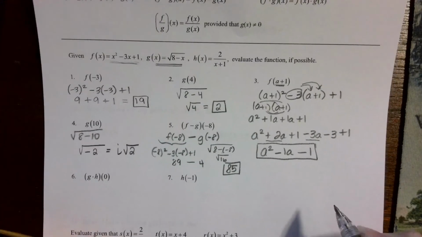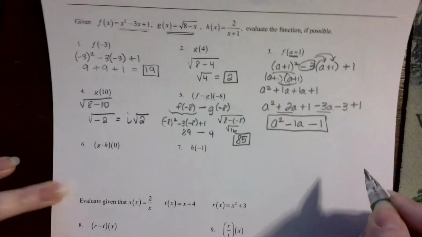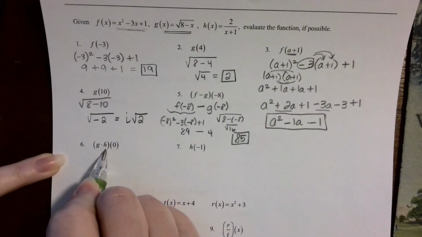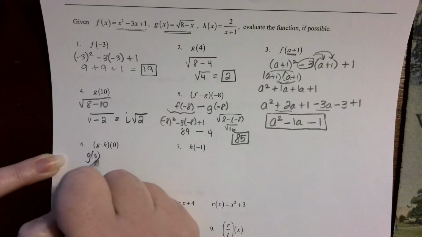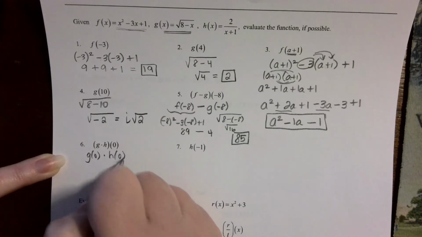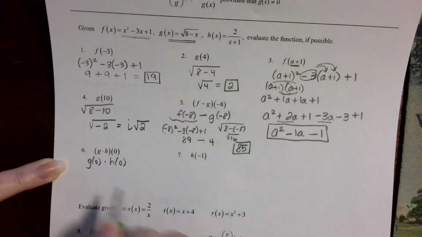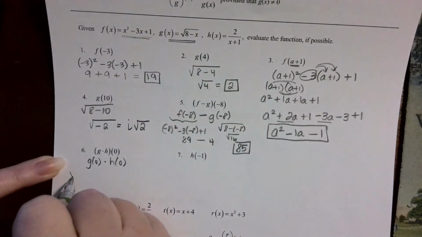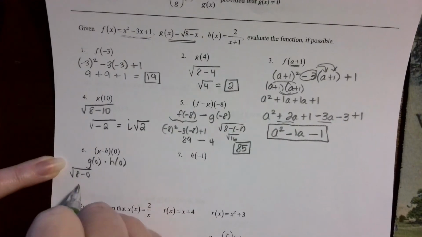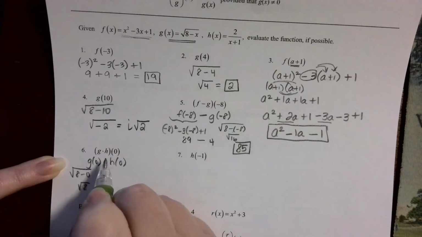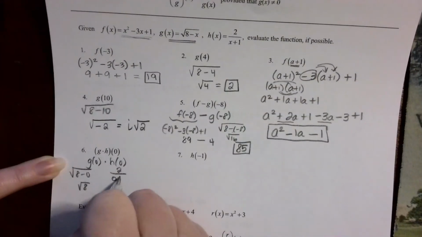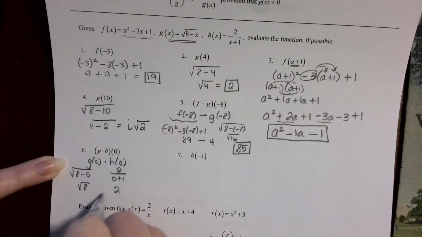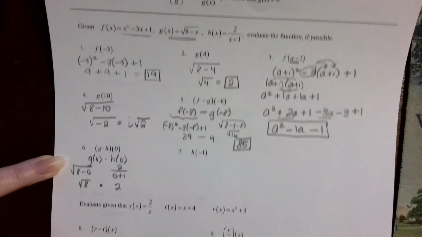Let's look at number 6. Number 6 said g times h of 0. So we have g of 0 times h of 0. Well, g of 0, you've got the square root of 8 minus 0, which is just the square root of 8. And h of 0, if we put that in, we've got 2 over 0 plus 1, so that's just going to be 2. And we want to multiply those.